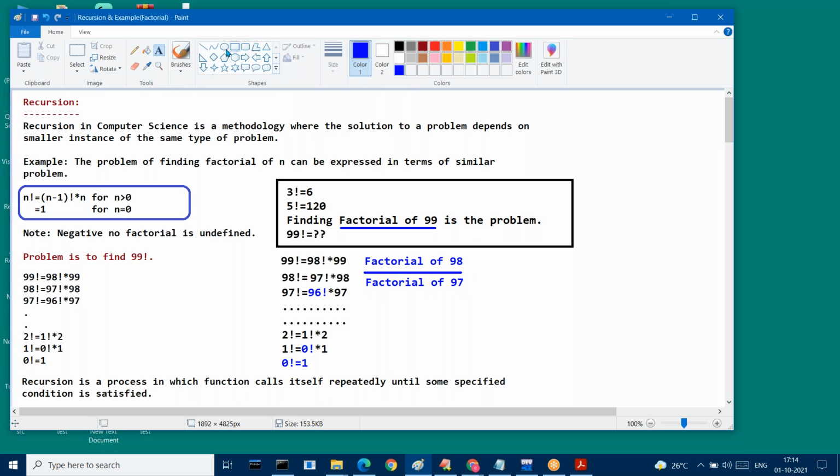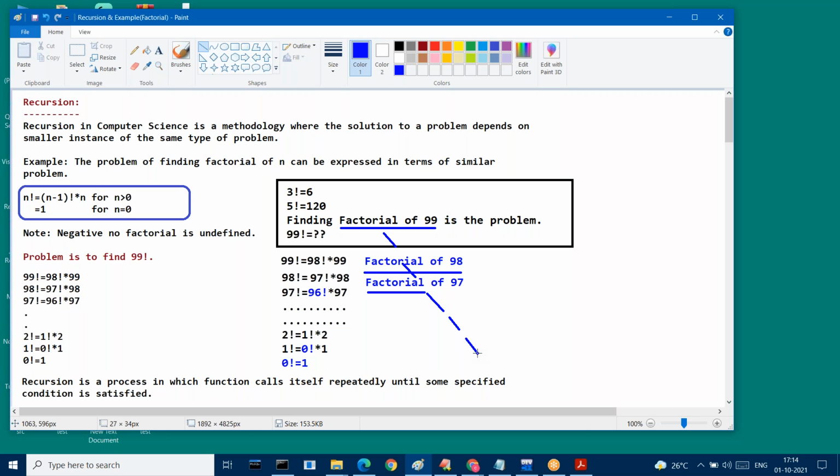You see one thing, this word factorial is common. So factorial 99 is calling factorial of 98. Factorial 98 is calling factorial of 97. He will call 96. He will call 95. In this way it will be going on.